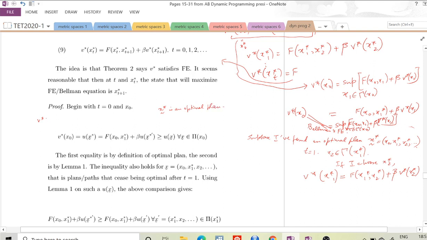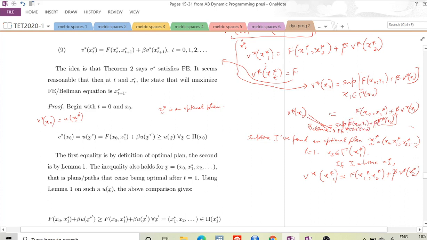But that means that it attains the supremum given by the value function. This is what I have. And what do I have to show? I have to show this.